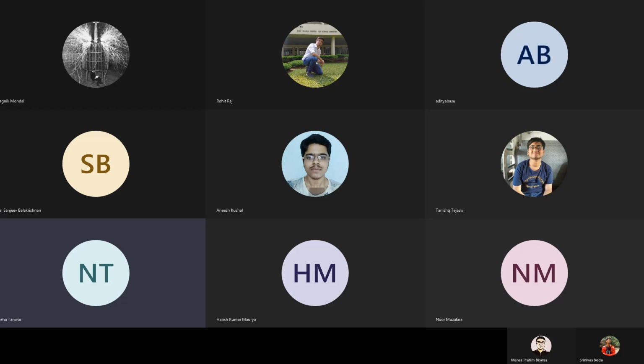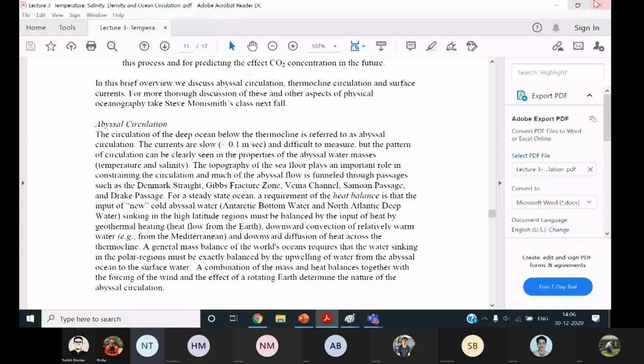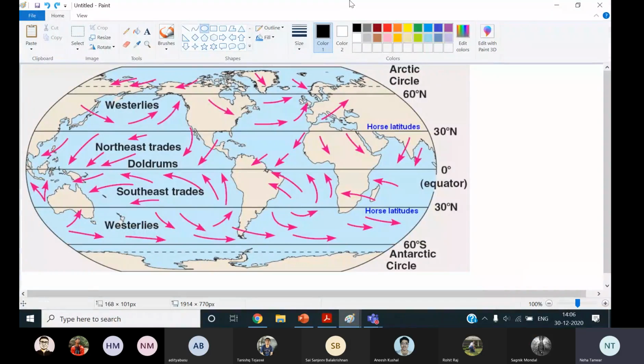I'm going to share my desktop. Okay, you all can see the circulation pattern, wind pattern on the screen, right? Let's talk about the easterly winds.